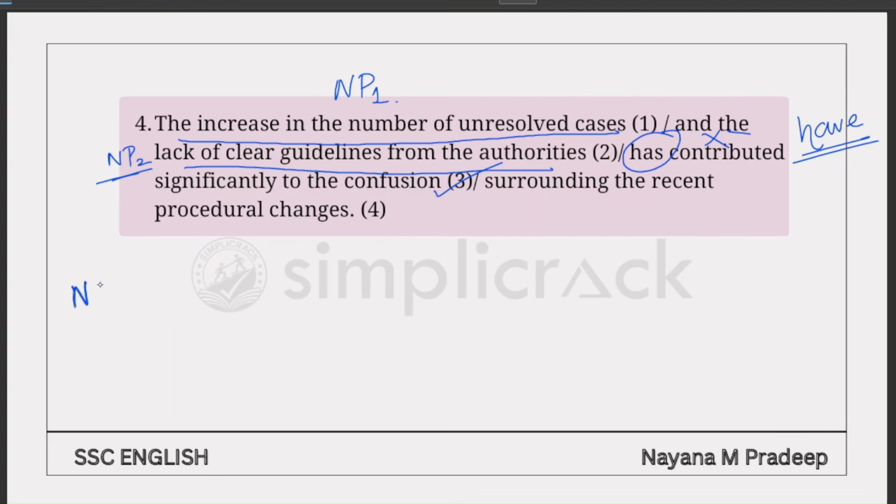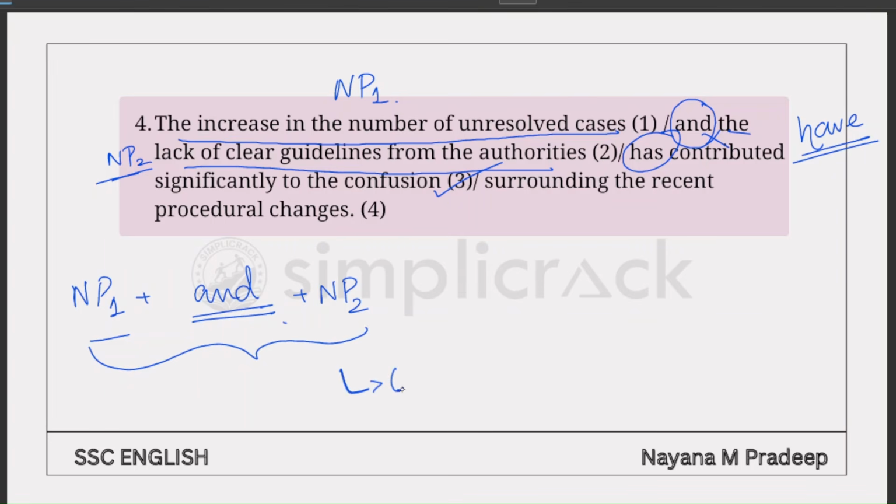Now you have one noun phrase joined to another noun phrase by the conjunction and. Here you find and. See? So these two are joined together by the conjunction and. When you see such a structure, you have to consider it as a compound plural subject. Okay.